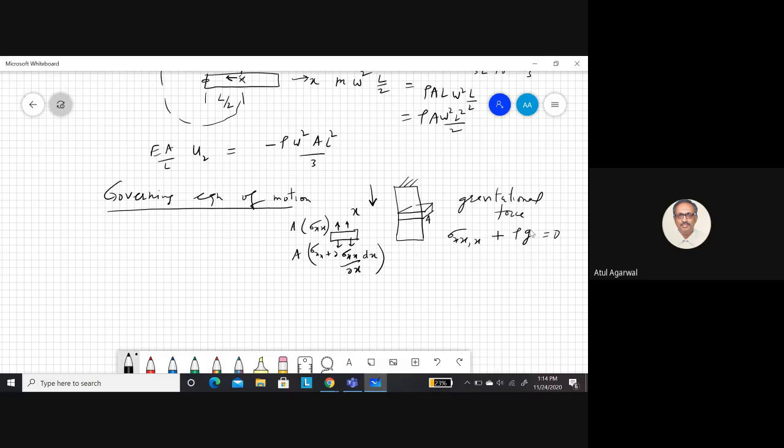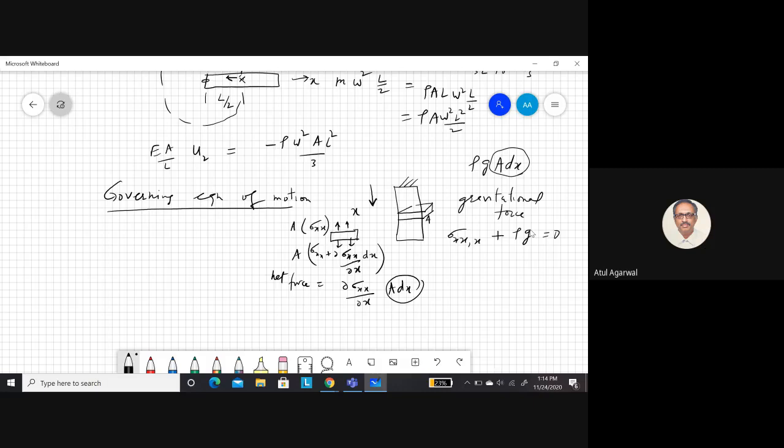So net force becomes this, per unit volume. So this is the net force because of the stresses. And what is the downward force? Gravitational force. So that gravitational force is also rho g, cross-sectional area into length. This is the volume.